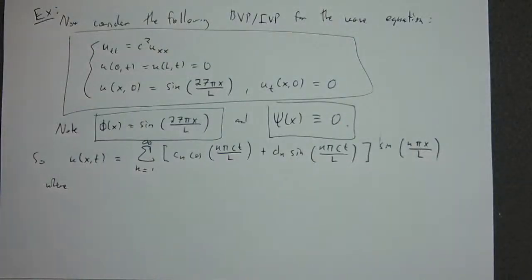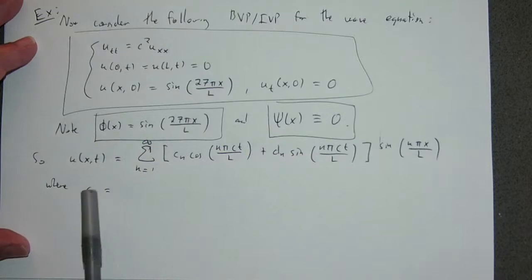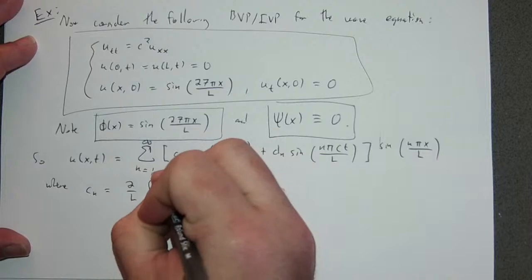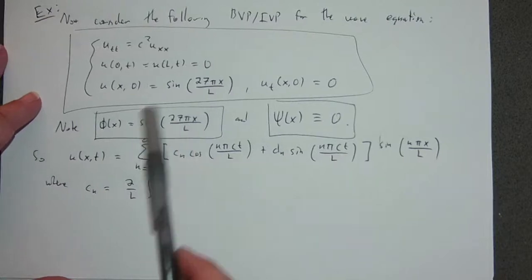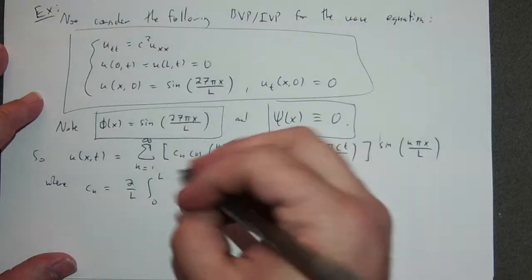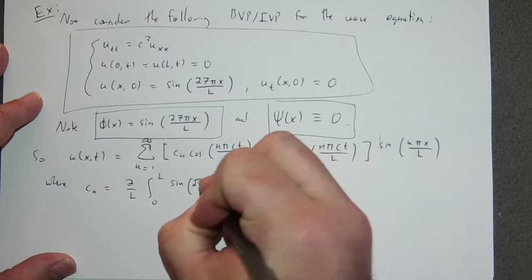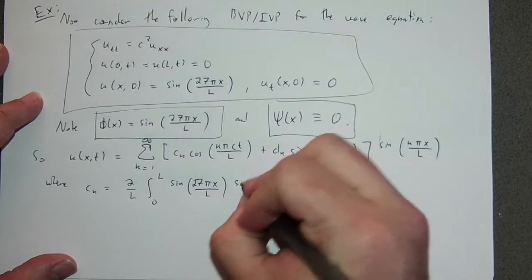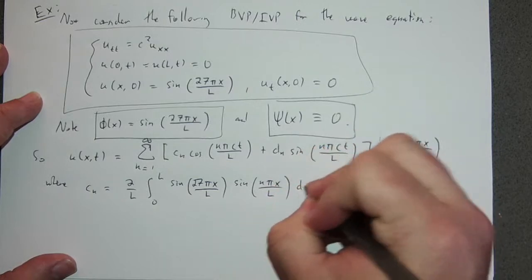So here's what my solution looks like, where c sub n is equal to, I'm just going to write this, 2 over L times the integral from 0 to L of phi of x sine of n pi x over L. Phi of x here is sine of 27 pi x over L. So this is sine of 27 pi x over L times sine of n pi x over L dx.